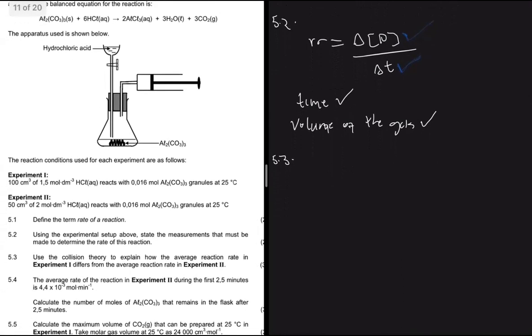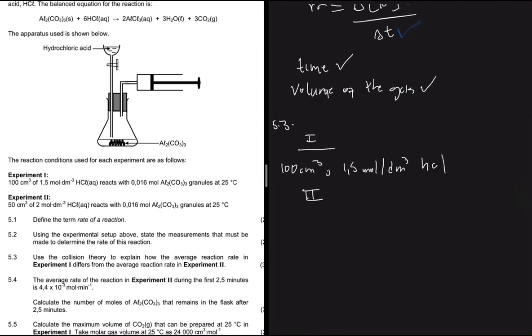So if you pay attention here, in experiment 1, they use a volume of 100 cm³ of 1.5 mol/dm³ HCl, and then for experiment 2 they use 50 cm³, and the concentration is 2 mol/dm³ of HCl.